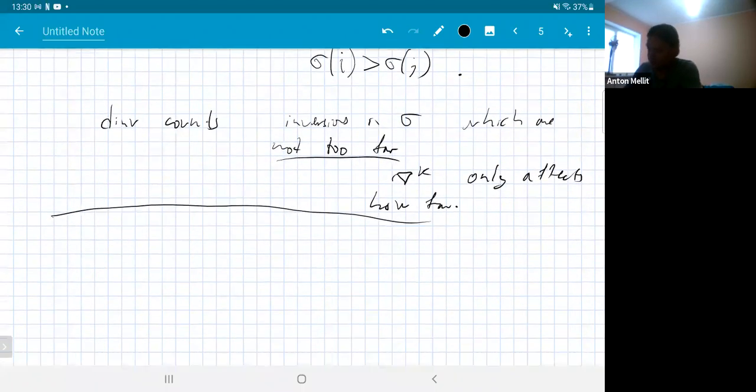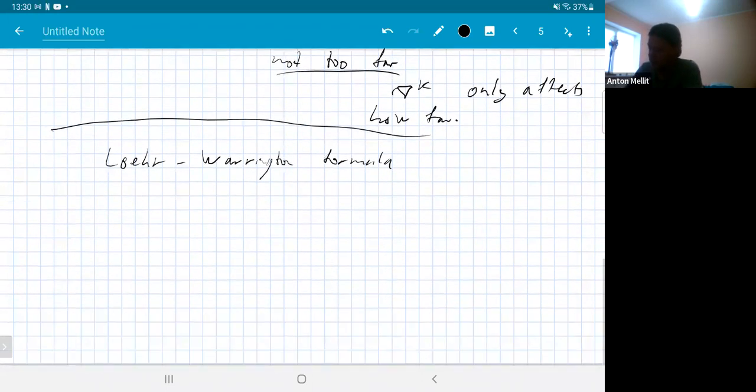So the last thing I want to talk about is the Loehr Warrington formula. And I will just give you the idea.